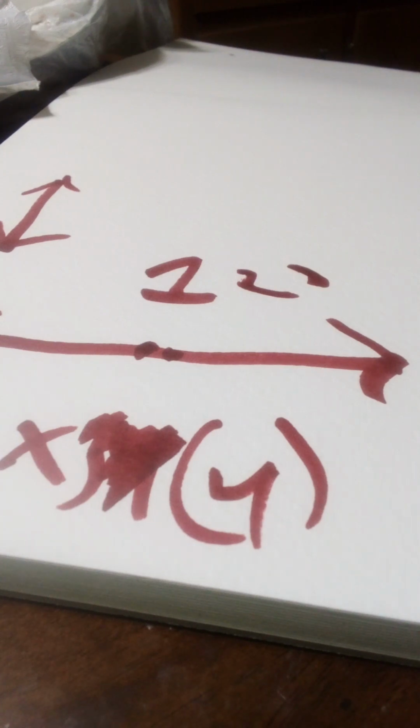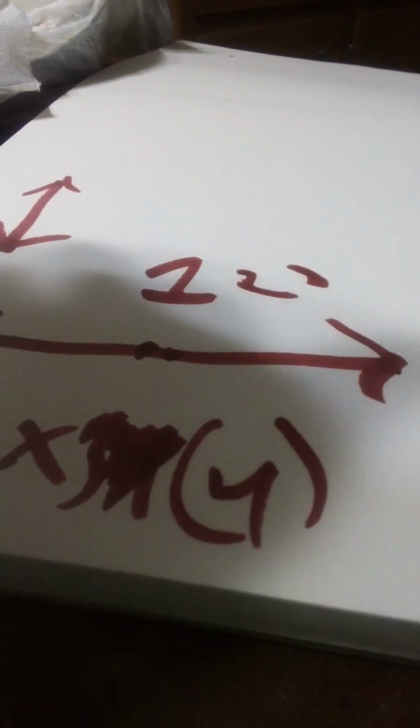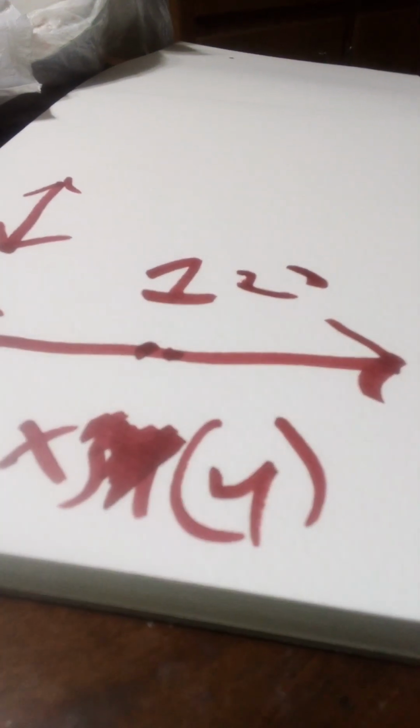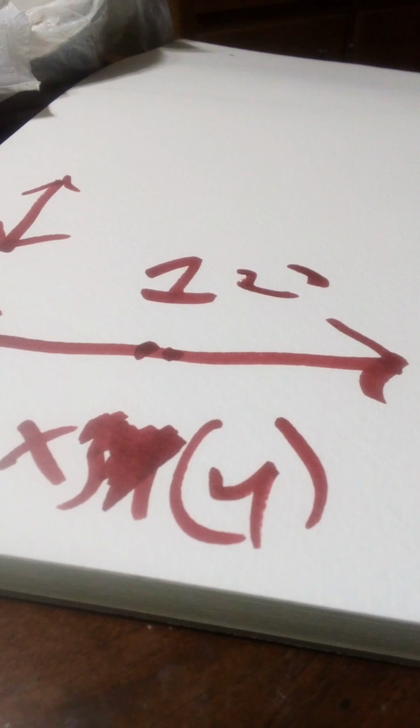So one of the things that you can think about is that every single symbol that we use for a number corresponds not only to a space on a line in geometry, but also to a concept in our minds.